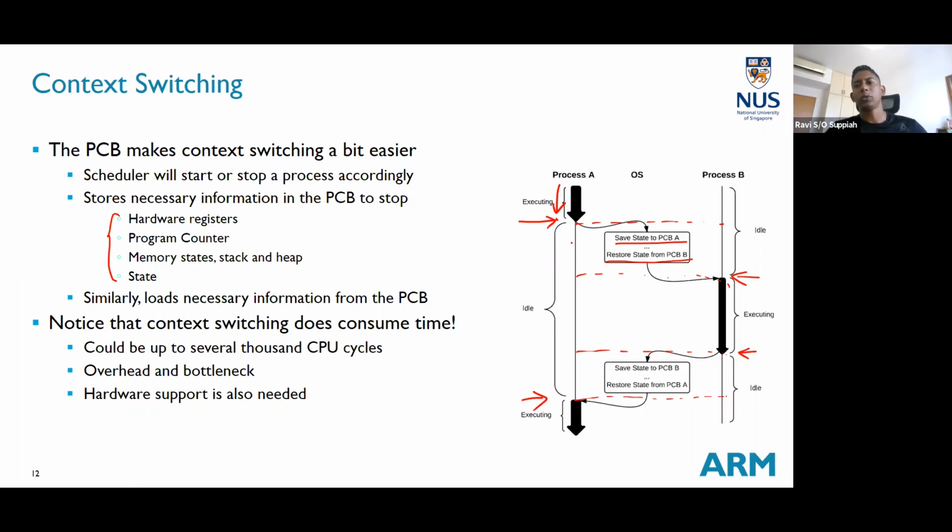When I switch over to task B, its process control block holds the state of where it stopped last. When I restore from task B's process control block, I can restore the exact point from where I left off and carry on from there. That is what the save and restore is for.